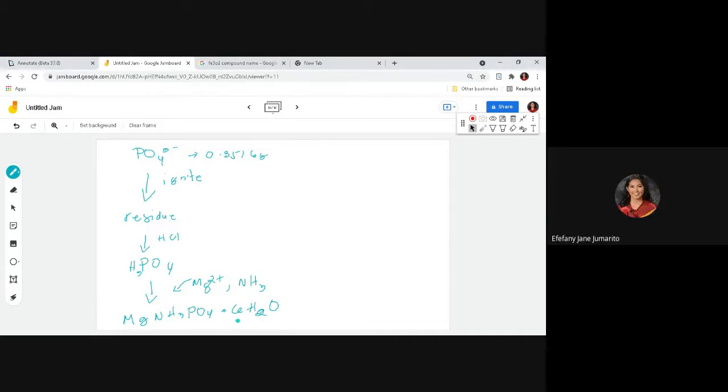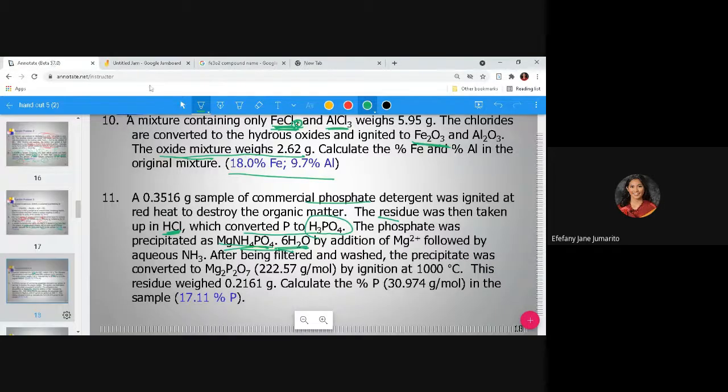Yes, we have water, and it's 6. Hexa. I don't know, ma'am. Alright, assignment. You answer that one.